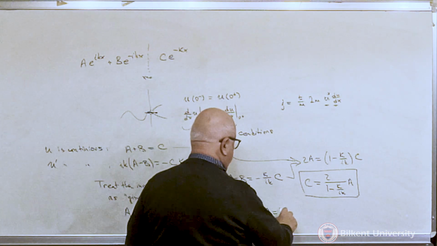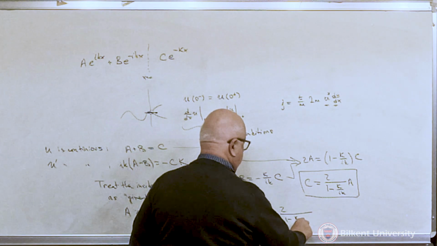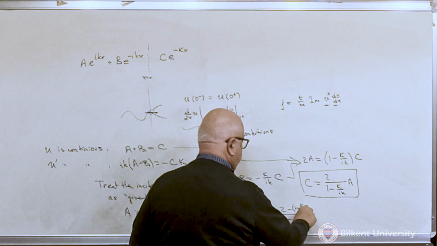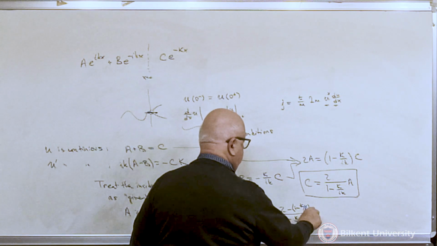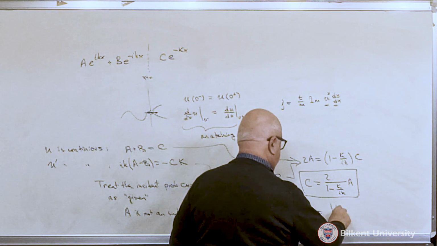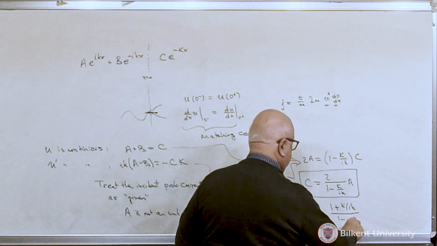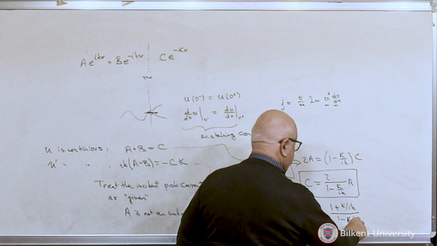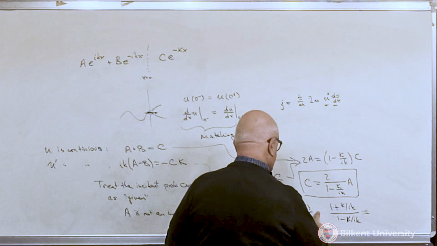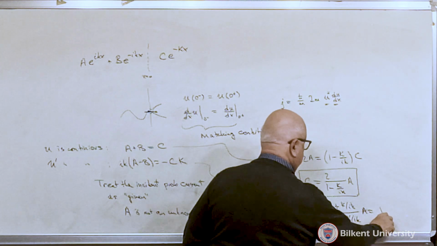So I just subtract 1 from this. This is going to be 2 over 1 minus k over ik, and I subtract 1 from it, and I end up with 1 plus k over ik over 1 minus k over ik, times a, which I forgot, is equal to b.